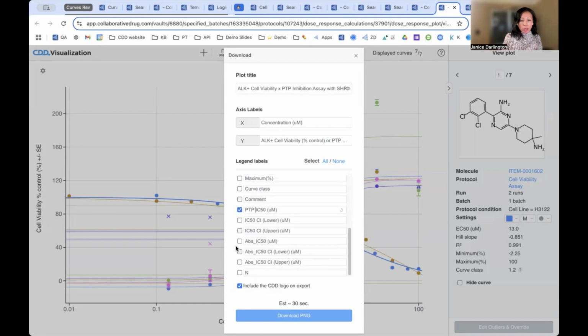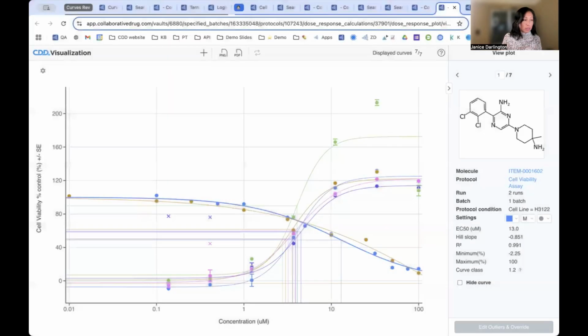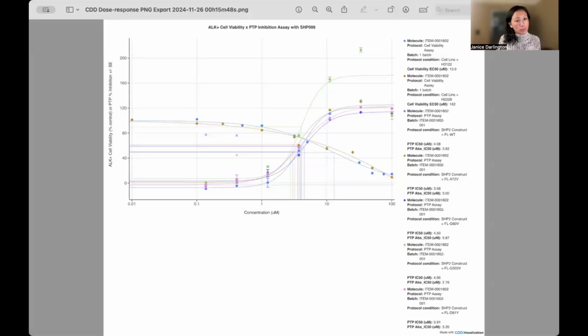And I thought it necessary in my analysis to also look at the absolute IC50, which is also available as part of the plot analysis. Okay, so we'll download that PNG file and save that. And now here we have our exported PNG file of that data.